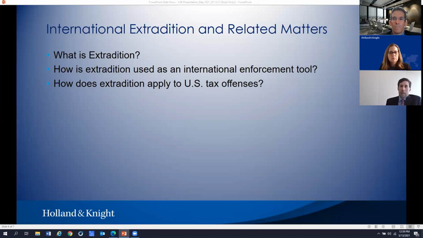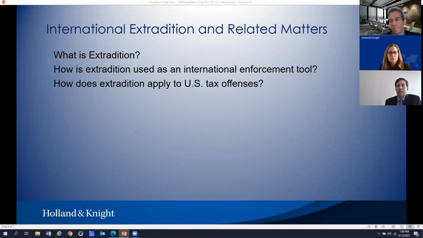Dual criminality is really the crux of the challenge in most tax circumstances, because as we mentioned earlier, there are a lot of countries in the world where there's not a dual criminality provision to this. But also the other piece to think about when you're thinking about extradition, it's a political process as much as it is a legal process.